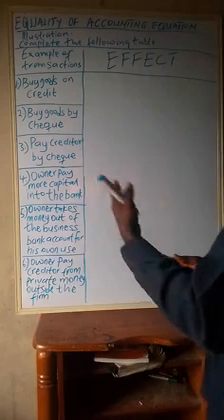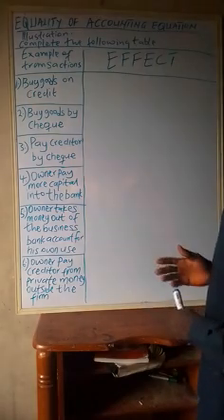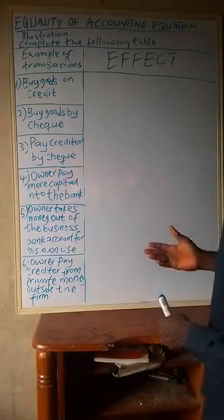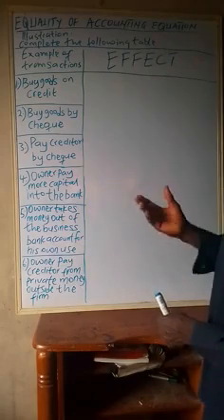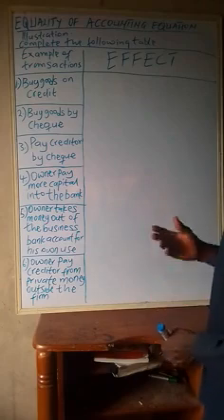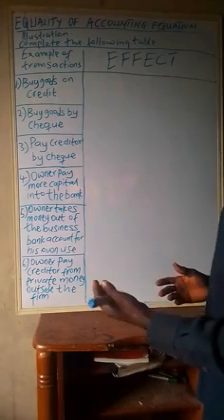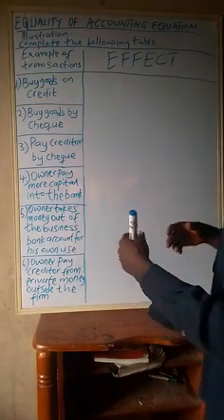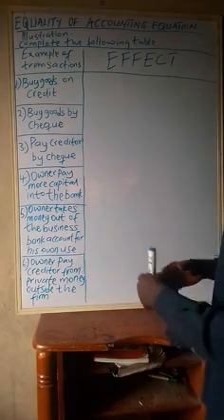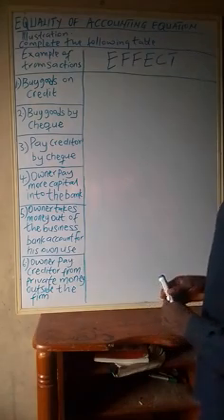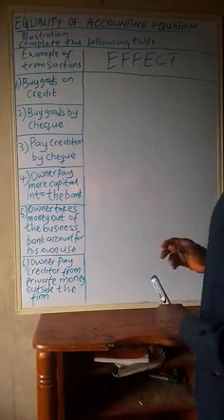Every debit entry must have its corresponding credit entry, and every credit entry must have its corresponding debit entry, and that is the fundamental of financial accounting. It's very important under financial accounting: the double entry principle.